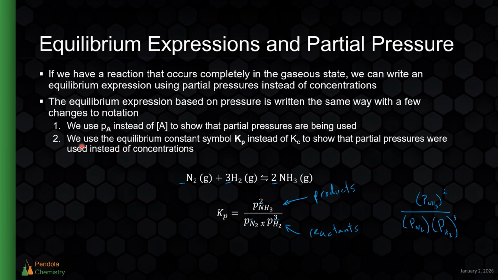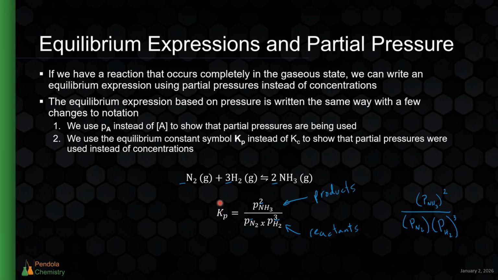Now, the other difference when it comes to the equilibrium expression when it comes to partial pressures is that we're no longer using Kc. Now, K is the equilibrium constant, but Kc is the equilibrium constant when it comes to concentration. That's what C is for. So the Kc is the equilibrium constant when using concentrations. Because we're using partial pressures and not concentrations, we're going to use the symbol Kp, or K, the equilibrium constant, used with partial pressures.